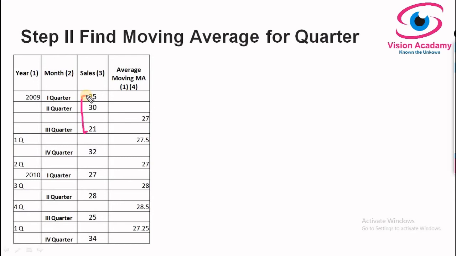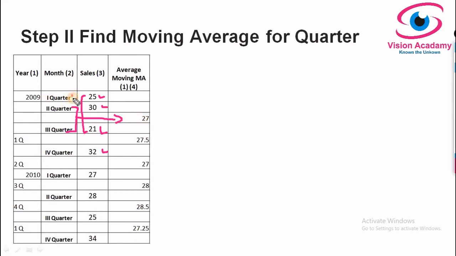In 2009 we have 4 quarters, which are 25, 30, 21 and 32. Since we are taking the average of the quarters, we need to add these 4 observations and divide by 4, and insert that average between the second and third quarter, which is 27. 25, 30, 21, 32 divided by 4 is 27.